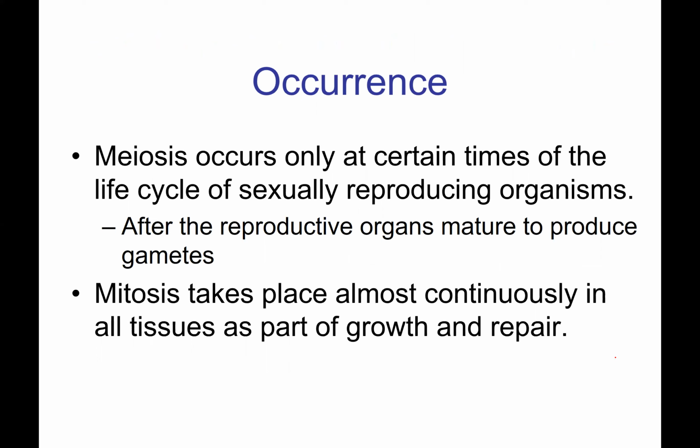Whereas with females, meiosis is only going to occur during development of the fetus. A female baby is born with all the eggs that they're going to possibly have. So it occurs at different times for different sexes, but mitosis is continuous, it's always happening because you're going to have cells that need to grow and repair.